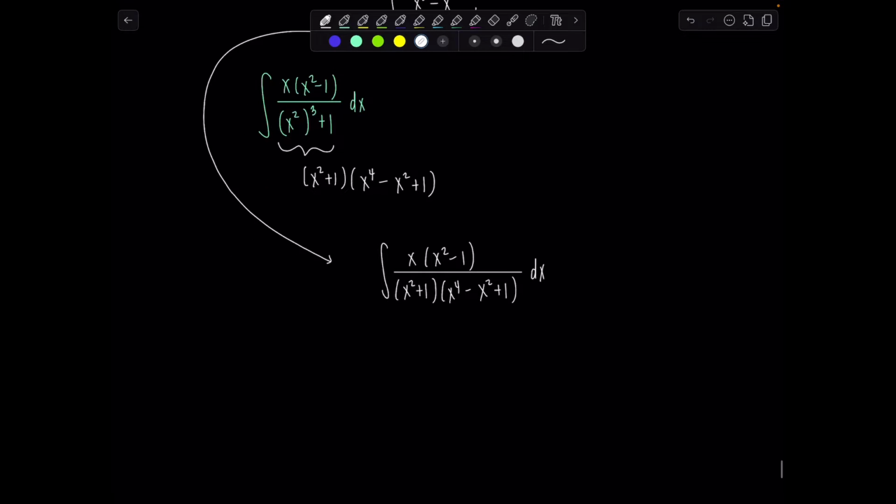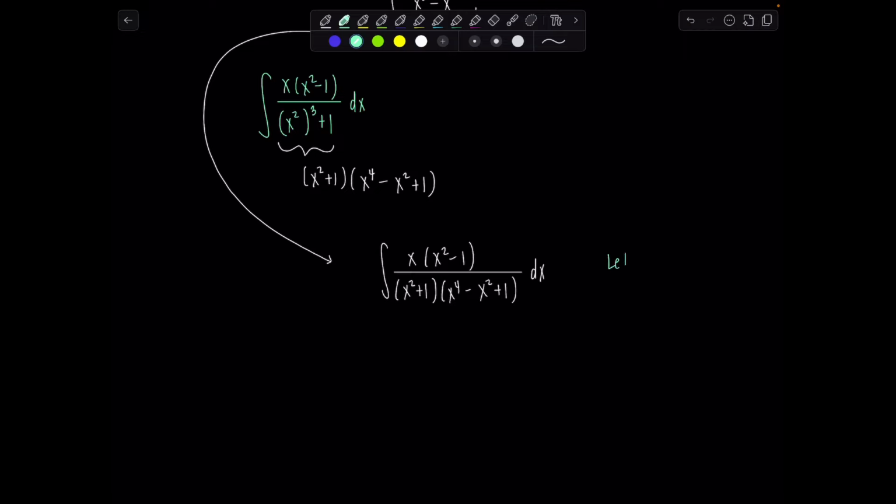What stood out to me at this point was I had this one lonely little x, and I thought, okay, could that x dx get absorbed in a u substitution? If I were to make a substitution where that would get absorbed, u would need to be x squared, which is looking good, because then x to the 4th would be u squared, and it looked like everything would fall into place. So that's where I went next.